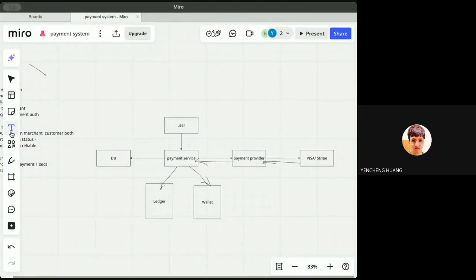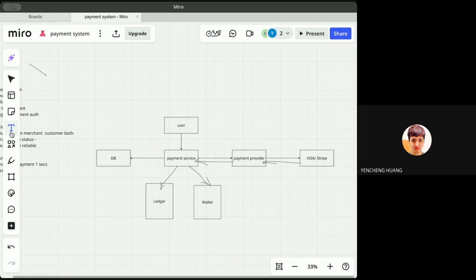So first step, when the user touches the button to pay, the payment service must check whether it's a risky or fraudulent payment. After that, we temporarily save it to the database, and we send it to the payment providers, the third parties or outer service, to verify whether the payment check is available or not, and feed back the response.